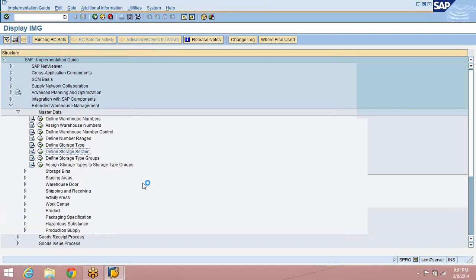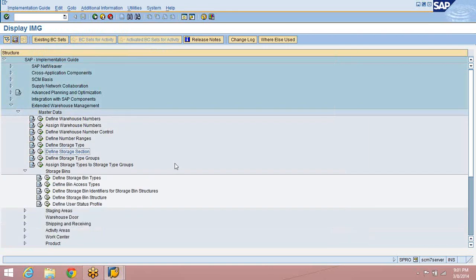The bin structure is almost the same, except that here the bin has to be unique. Across storage type or across warehouse? Across the warehouse. There you could have the same bin; it has to be unique only within storage types in WM, right? Yes.